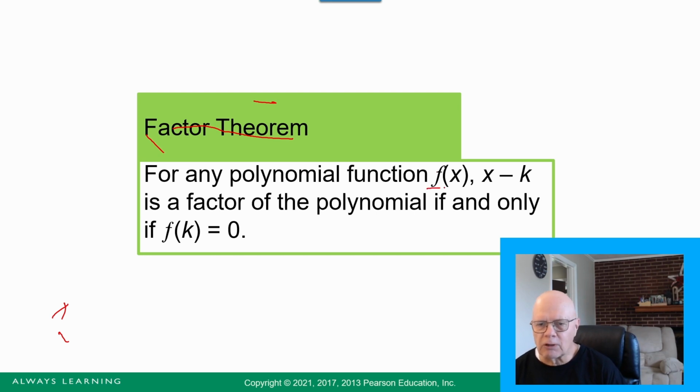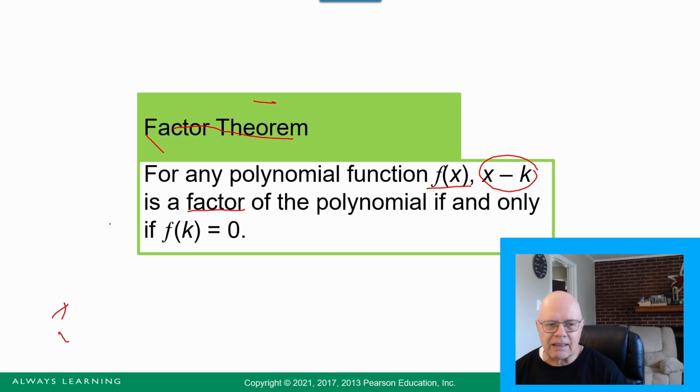So we start with the polynomial for the factor theorem. The two things to remember and link together are that x minus k is a factor of the polynomial. That means you could divide it into it and get a remainder of 0.